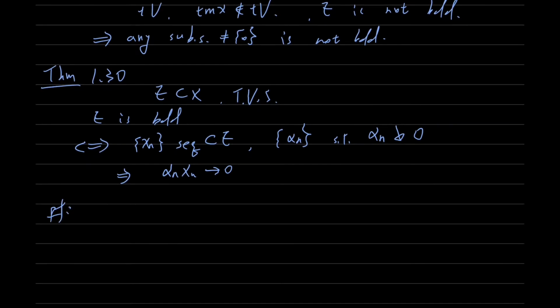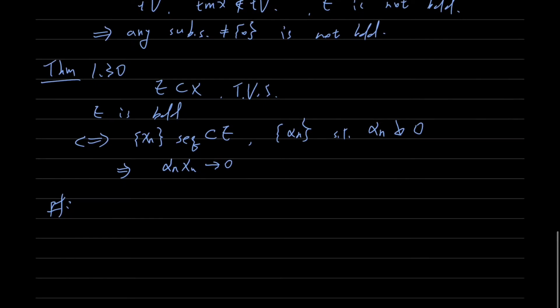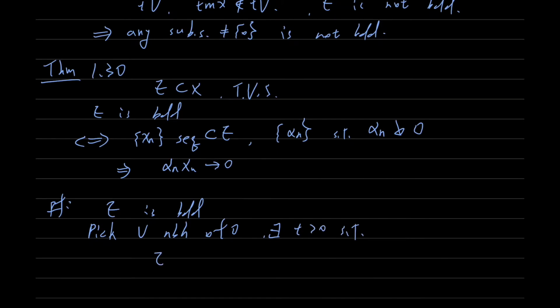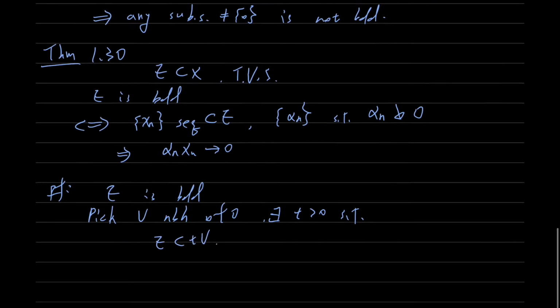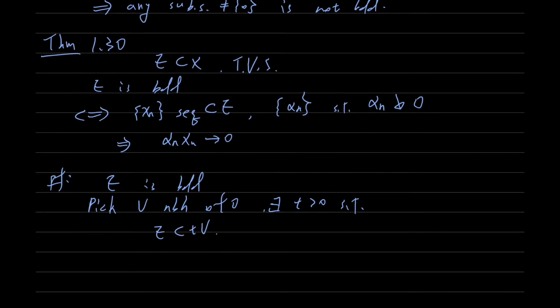So from the boundedness, if E is bounded, by definition, pick a neighborhood V of 0, there exists t such that E is contained in tV. And this will imply that every point xn will be inside the set tV.